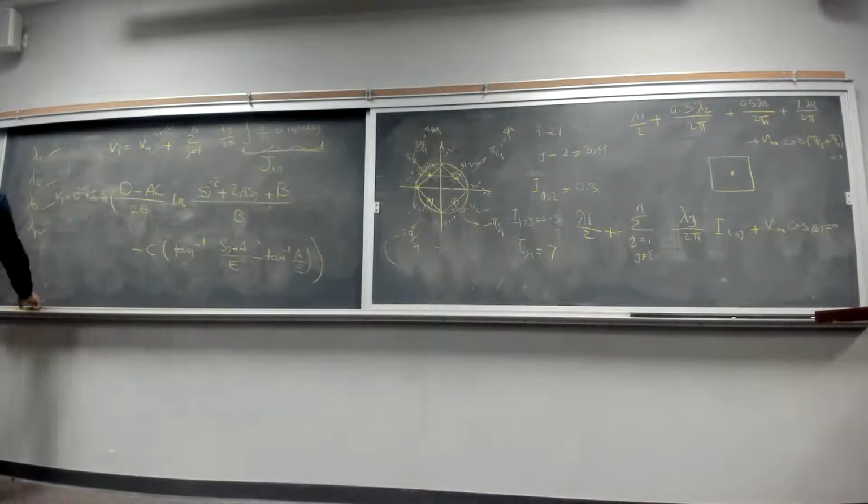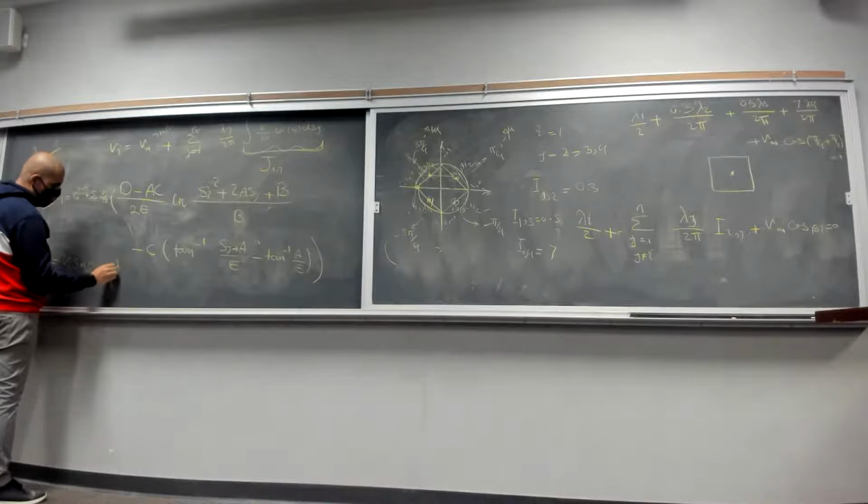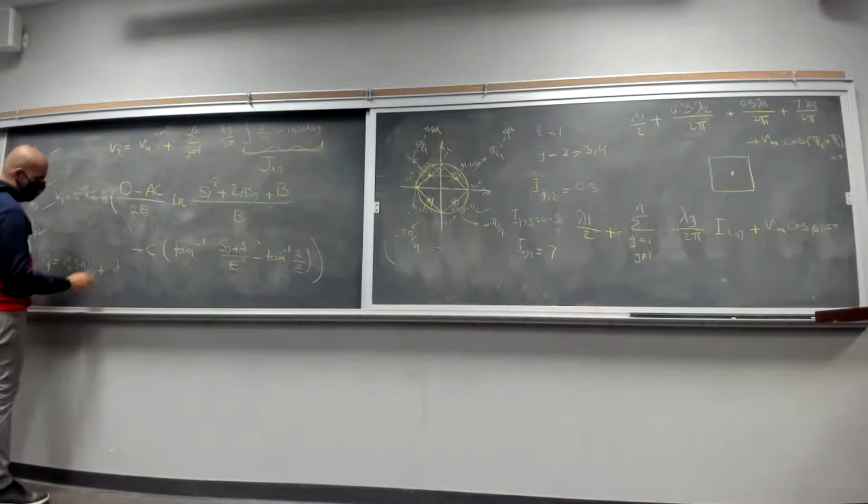Essentially, your V of panel I, let's say panel 1, is going to be equal to V infinity sine of beta 1 plus lambda J. This time J can be equal to 1.